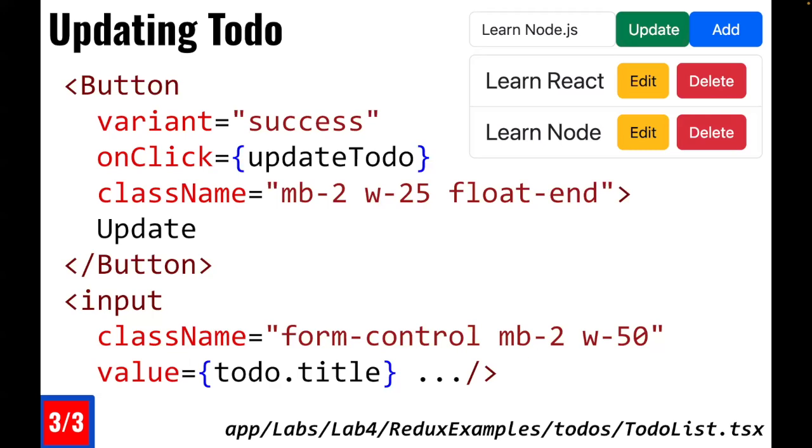But basically, what it does is that it computes a new array, which is mostly the same. It's going to iterate over the array, and for all the items that are not the ID that I'm editing, it's just going to copy the old items. You're just going to keep all the old. But when it gets to the ID of the item that has a new title, it's going to copy it from the to-do state variable, which has the new title and the old ID.